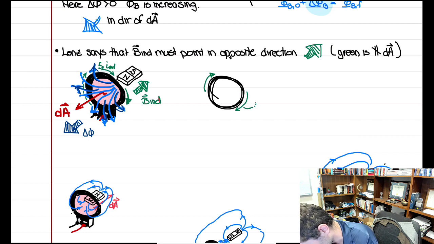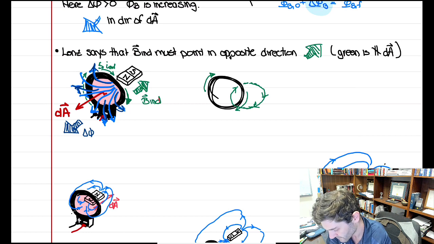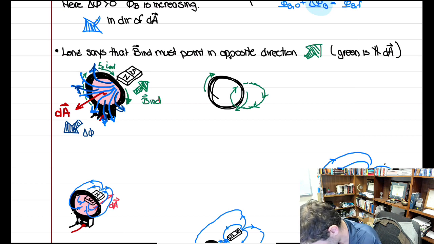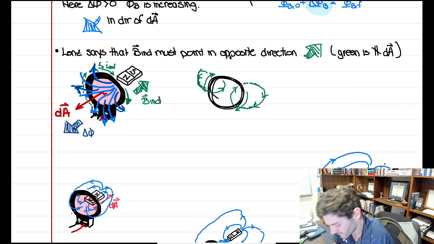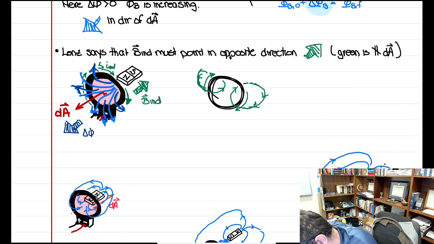It goes out and around and then in and then out and around. Again, following the right-hand rule. Again, this goes out, in, and it loops around in this direction. Not sure if that helps. Again, the idea being that we want the induced magnetic field to ultimately point and match this arrow.